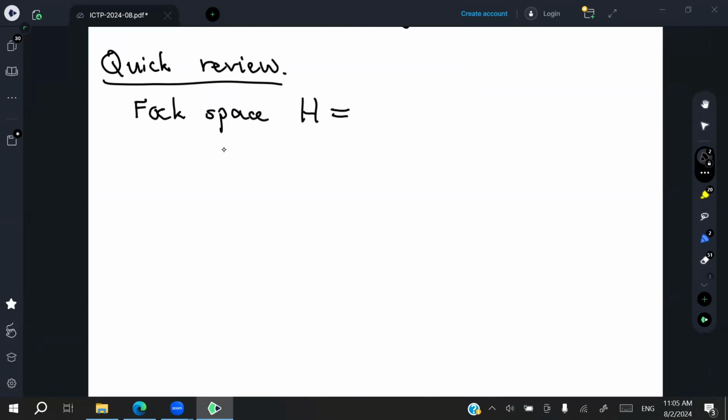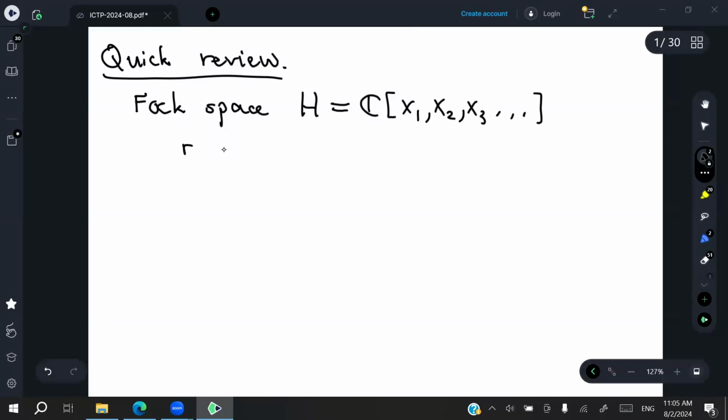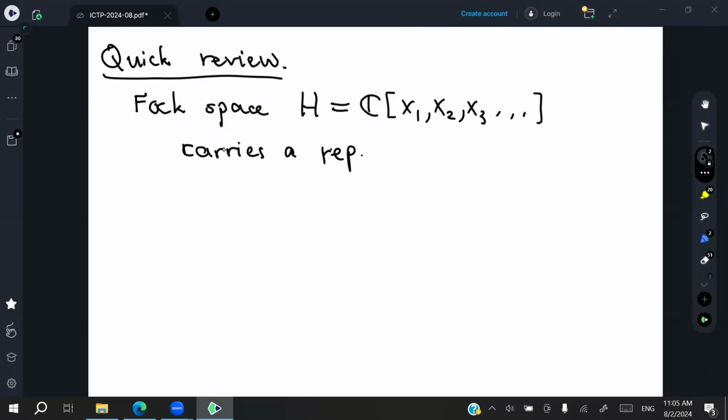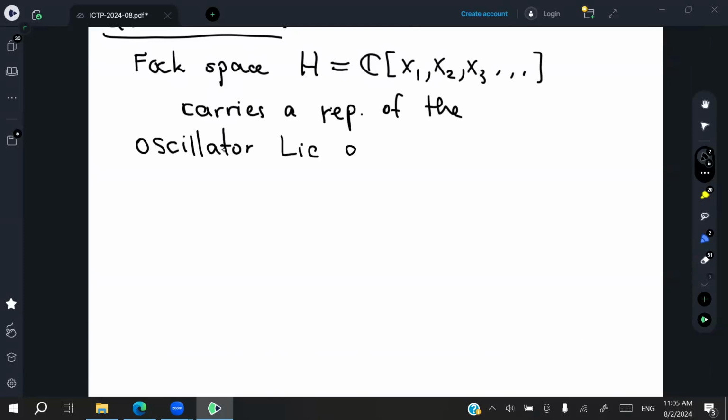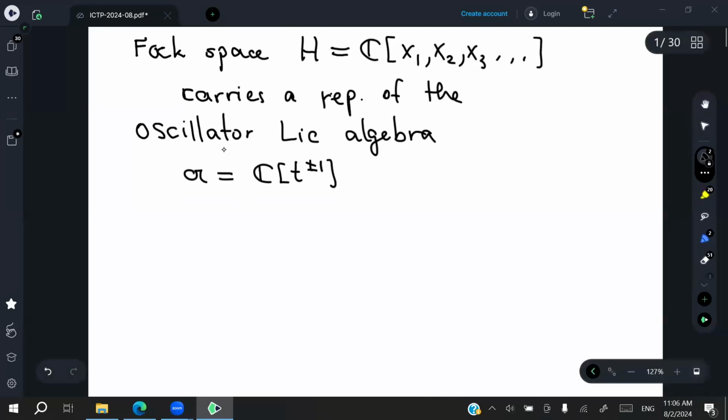So we have this vector space, which we call Fock space. In the simplest case, it's given by polynomials in infinitely many variables, like that. This carries a representation of what I'll call the oscillator Lie algebra, which is Laurent polynomials plus a central term.